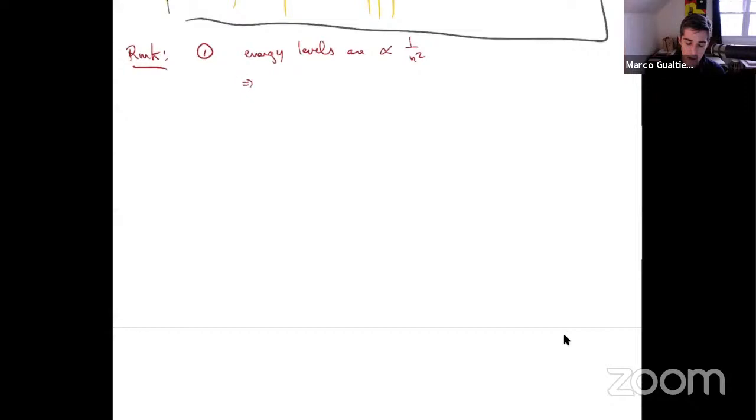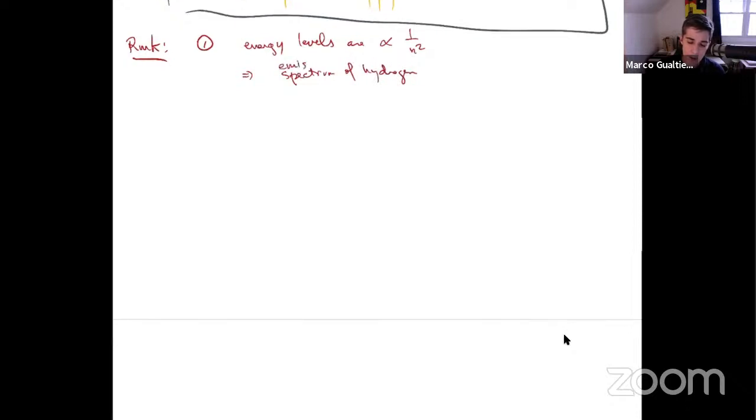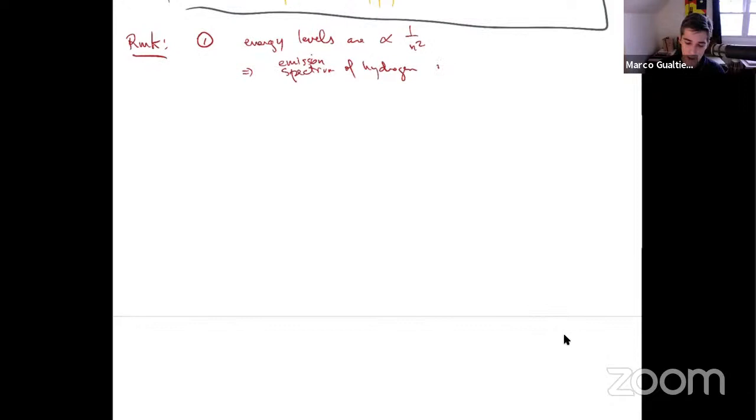So this tells us that the spectrum of hydrogen, let's say the emission spectrum, which means the frequencies of light that hydrogen is able to emit, consists of differences of inverse squares.